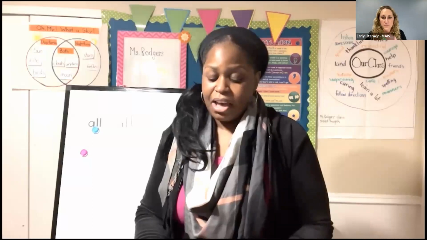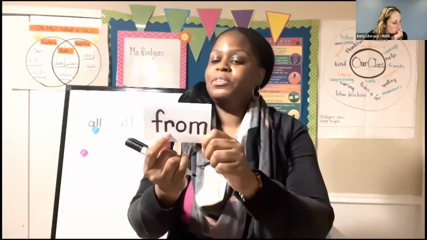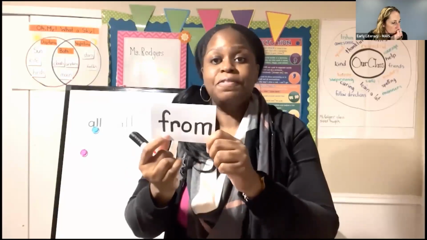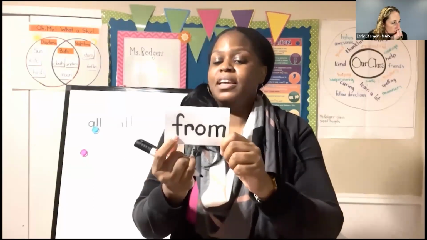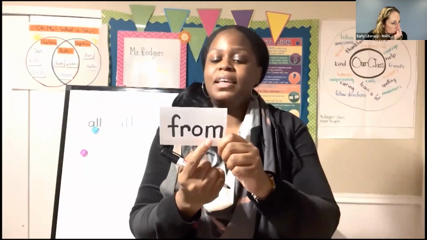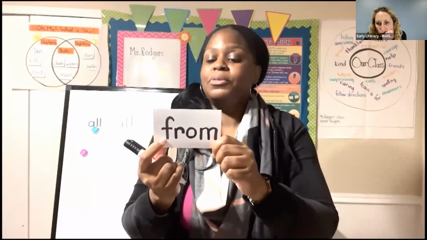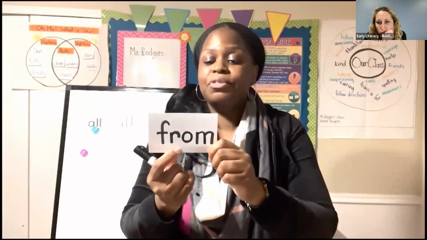Good job. Now let's look at the word from. From has 1, 2, 3, 4 letters. The F says, the R says, the O in this word says, and the M says. So all of these letters put together sound like this. From.